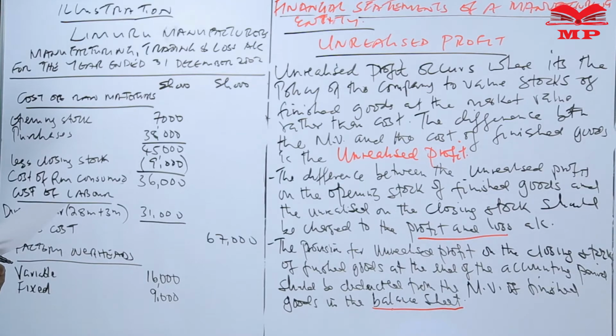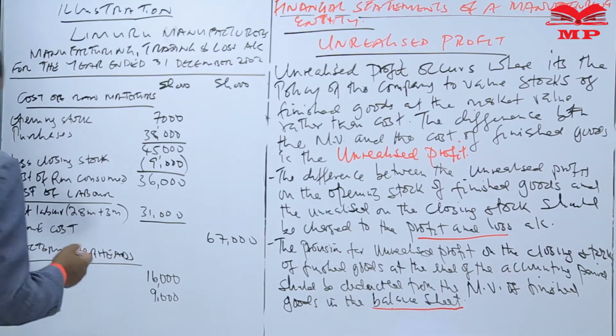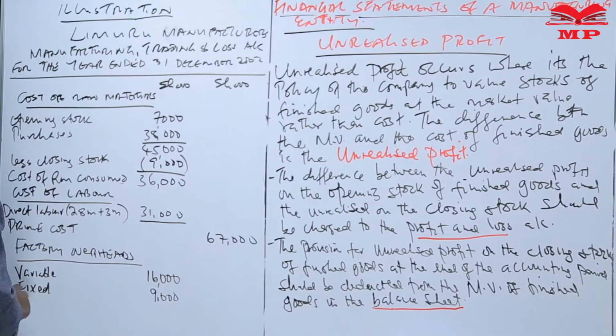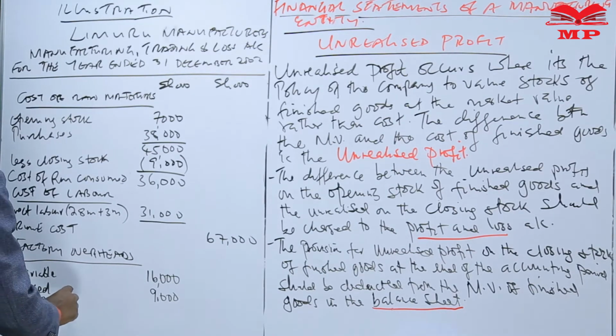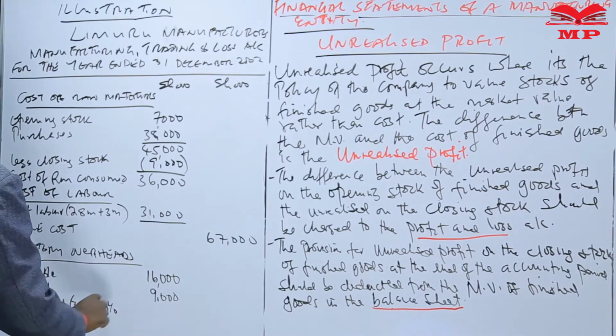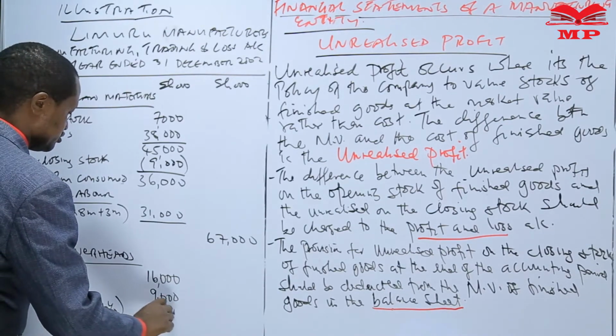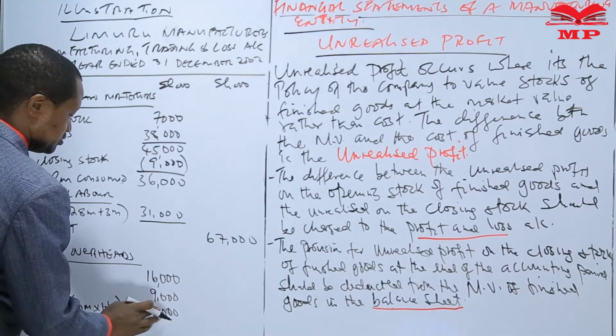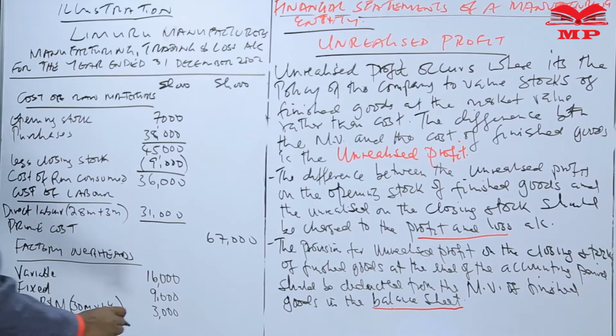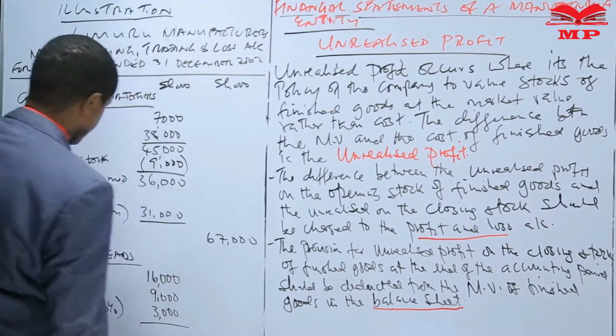And note number 3, plant and machinery depreciation on cost 10% per annum. So depreciation on plant and machinery is 30 million times 10%, which is equal to 3 million.